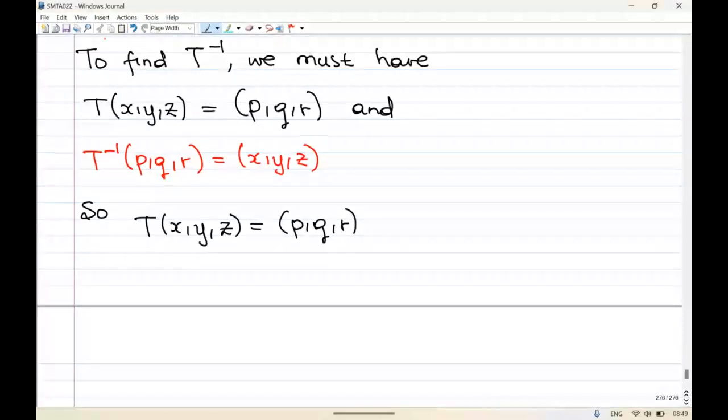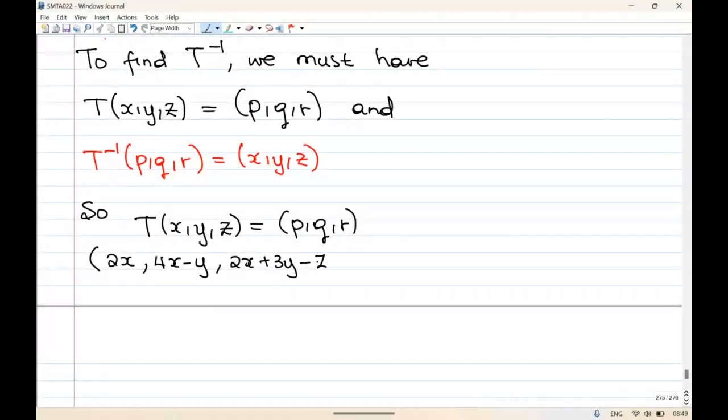We already know what the transformation of (x, y, z) is from the question: (2x, 4x minus y, 2x plus 3y minus z), close the bracket, will be equal to (p, q, r). Are you there, colleagues? Do you understand?